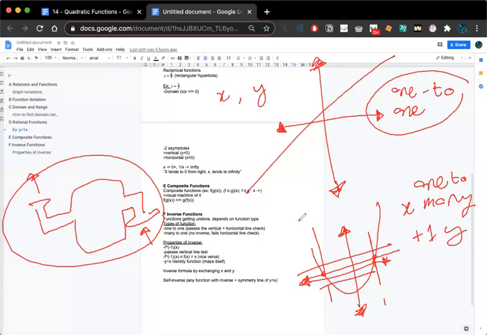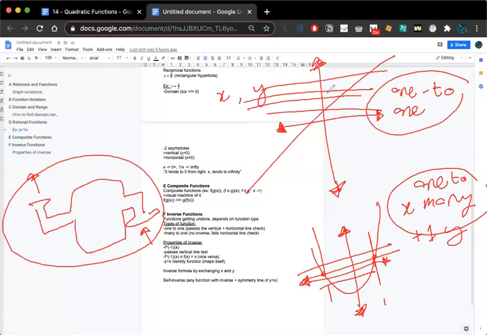If they have two intersections or more than two intersections, that means that it's definitely a one-to-many function. But if they only have one intersection, then it's definitely a one-to-one function.